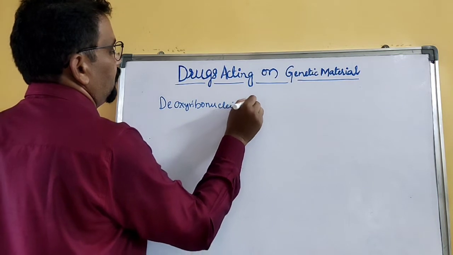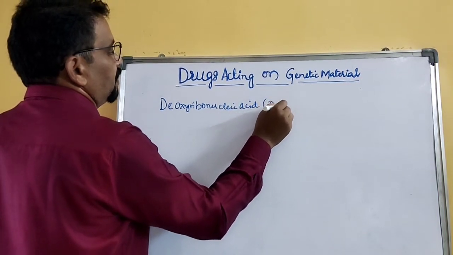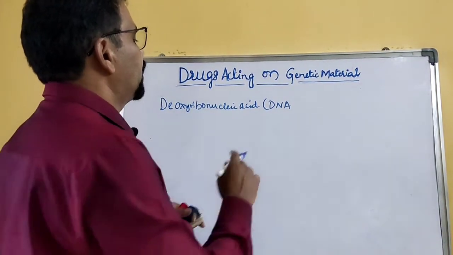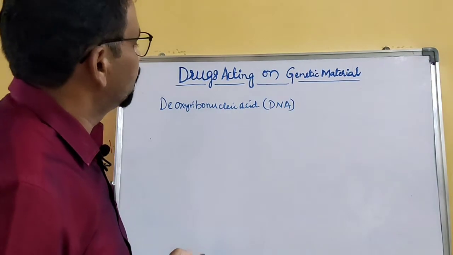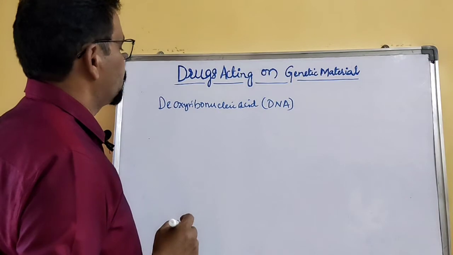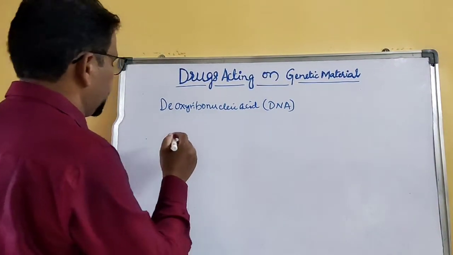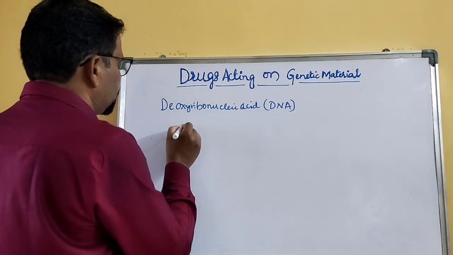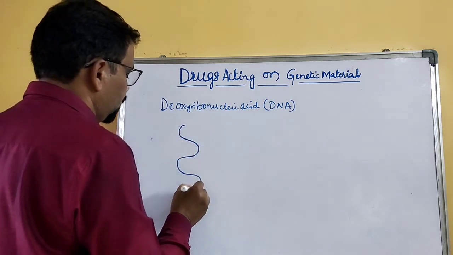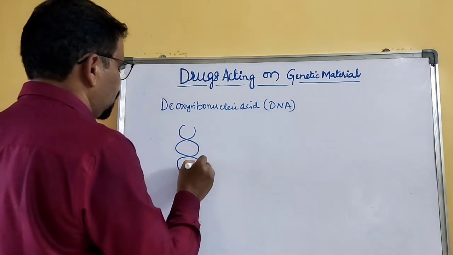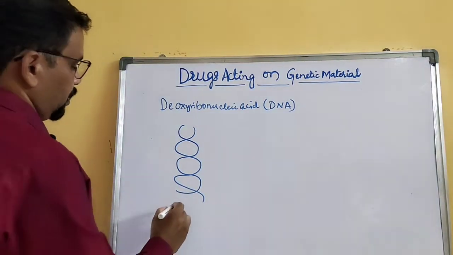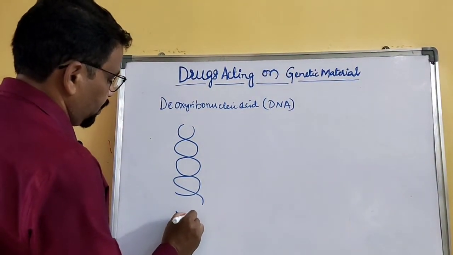Genetic material consists of DNA and RNA in its structure. In every cell, the nucleus contains genetic material like this. So this is the double helix of DNA.